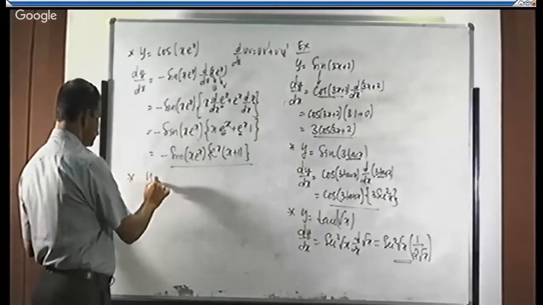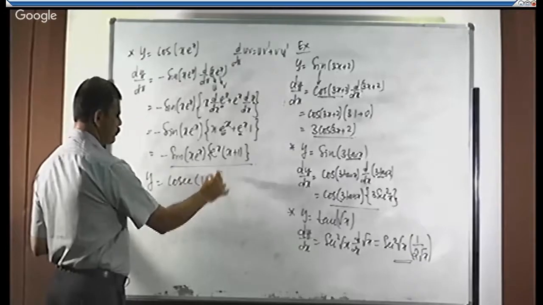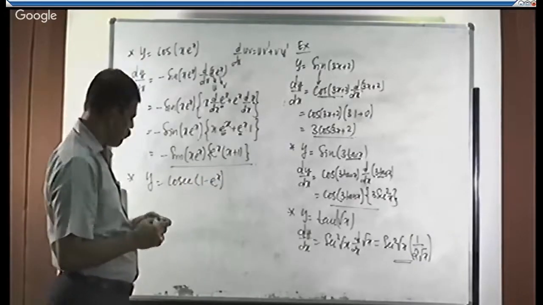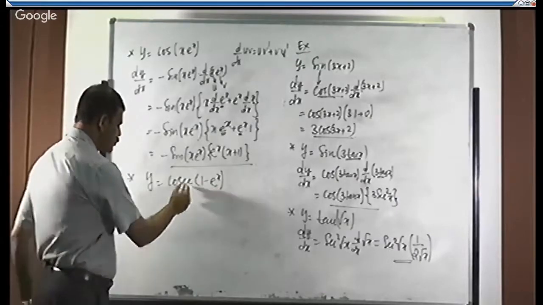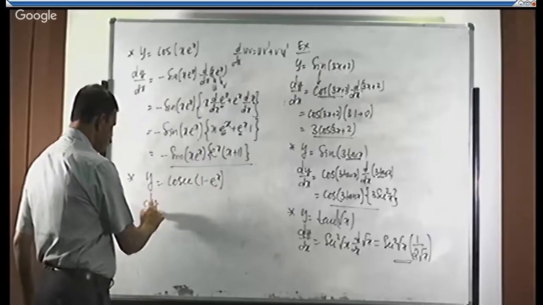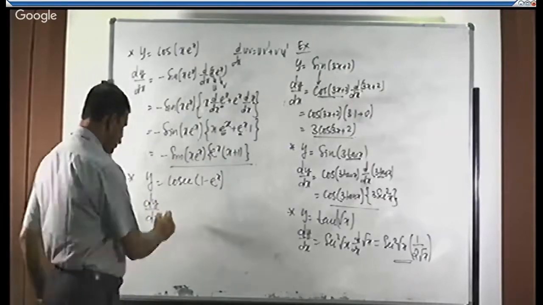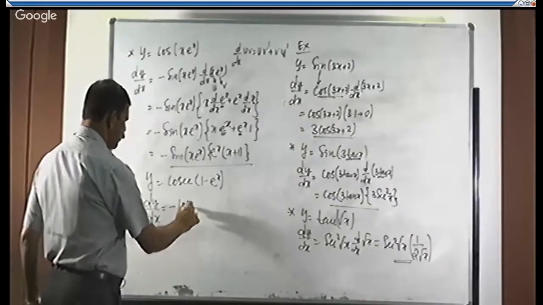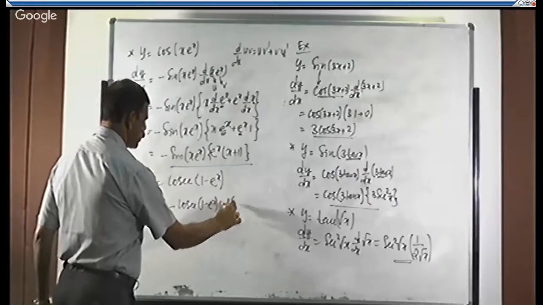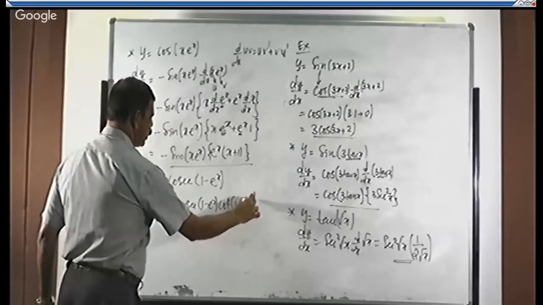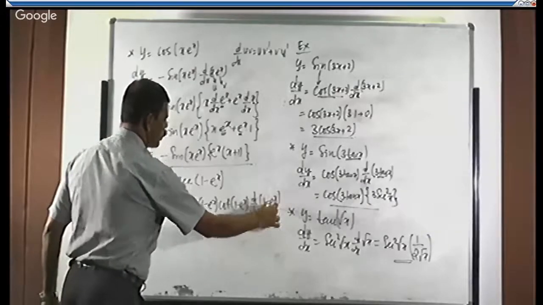Say this: y is equal to cosecant of 1 minus e power x. What is the function here? 1 minus e power x is the function, right? What is the differentiation of cosecant? Minus cosecant into cot, right? Minus cosecant of the function 1 minus e power x into cot of the function 1 minus e power x into d by dx of the function, that is 1 minus e power x.